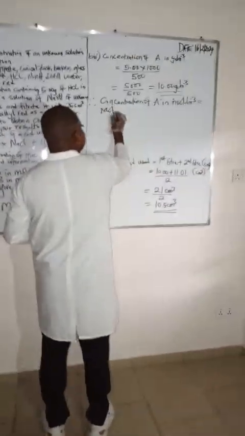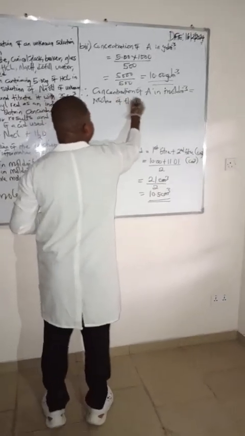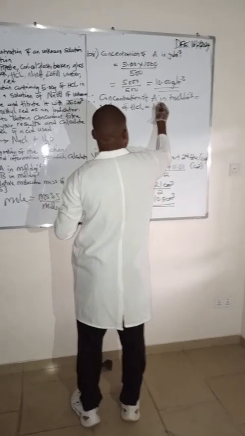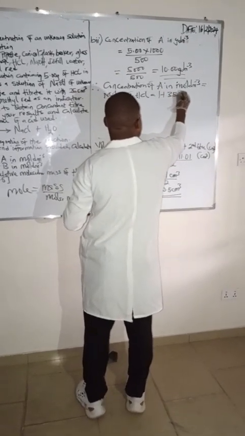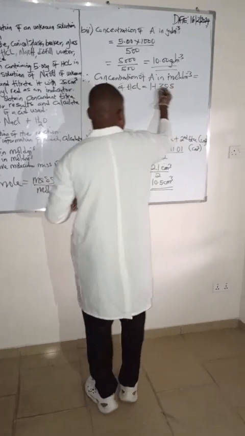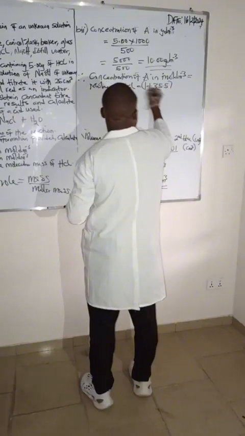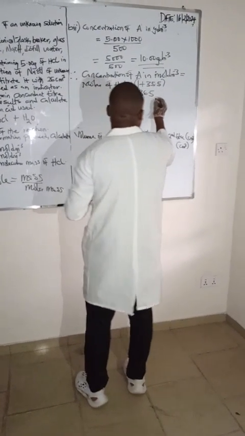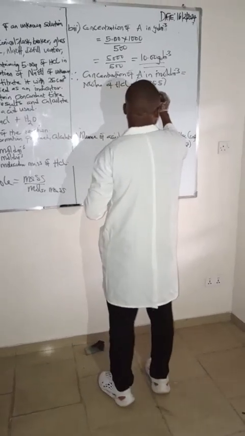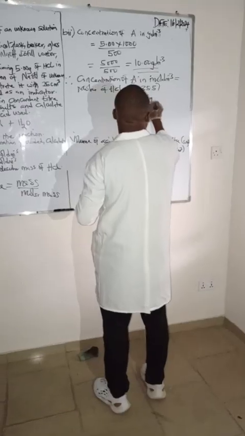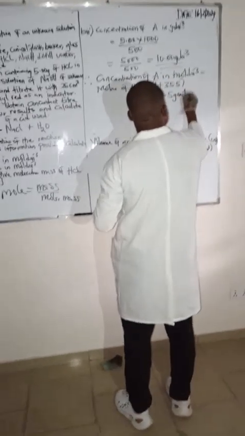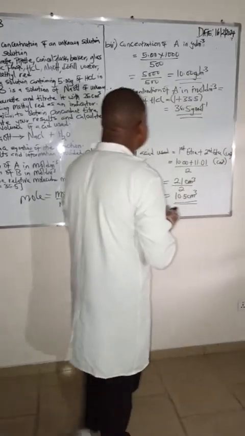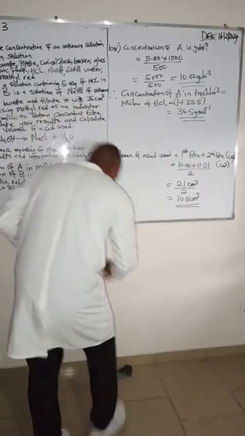So the molar mass of HCl is equal to 1 plus 35.5, which is equal to 36.5 gram per mole.